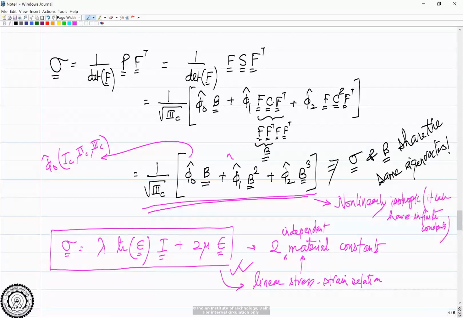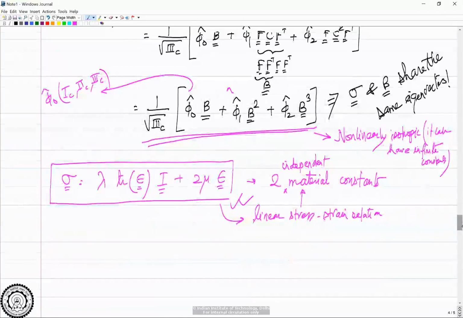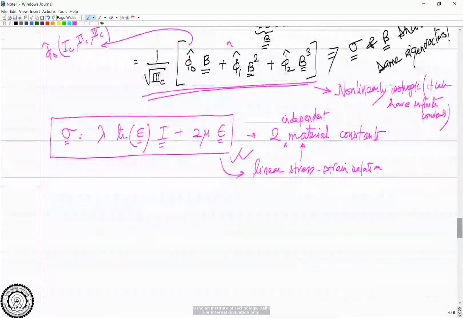Okay. Now, here is the last problem that I'll give you, and it is really a tough problem. Problem 4.